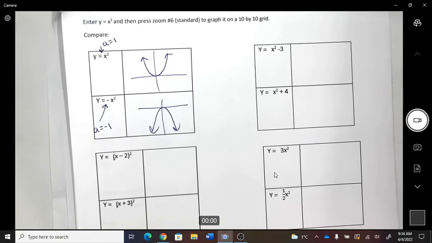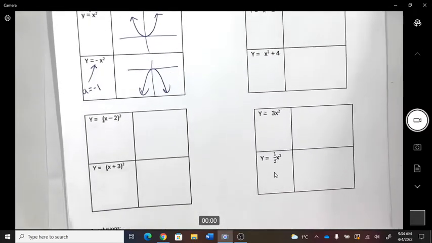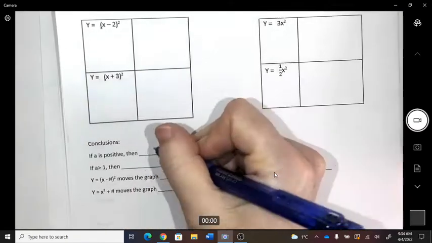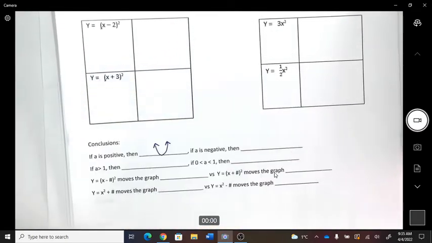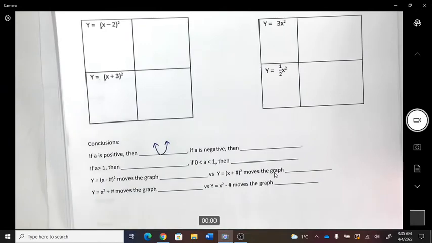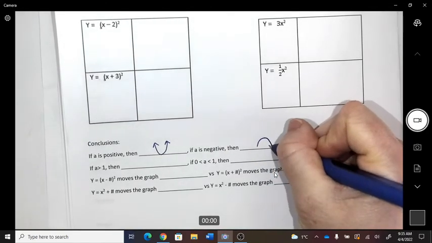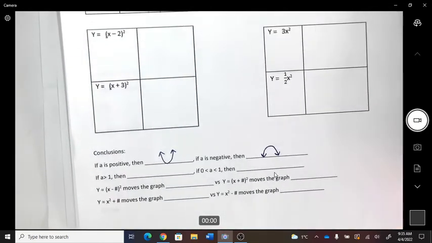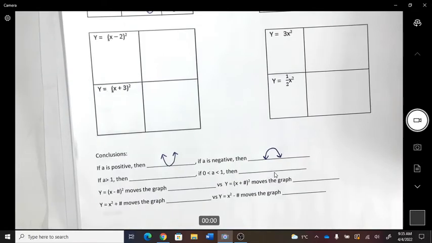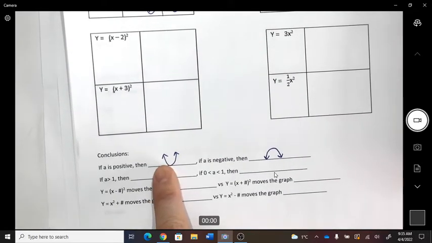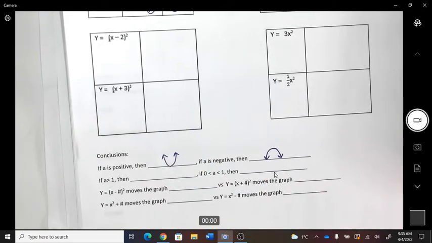If your multiplier number, which is A, is positive, then we're going to open upward. And if A is a negative number, you're going to open downward. So if there's a positive multiplier, you're going to look something like that. If it's negative, you're going to look like that.